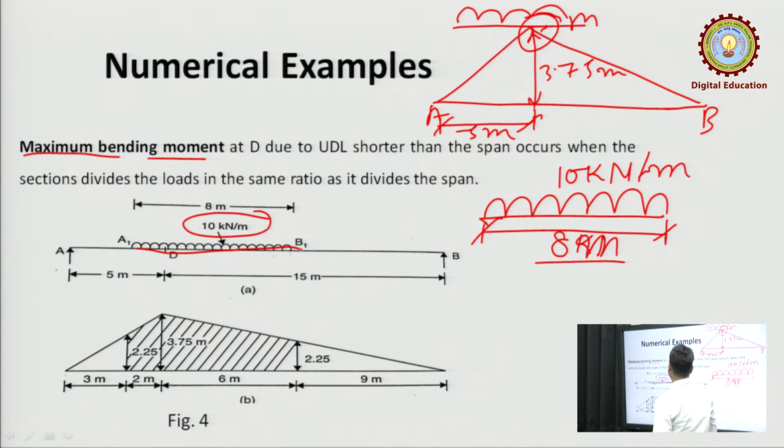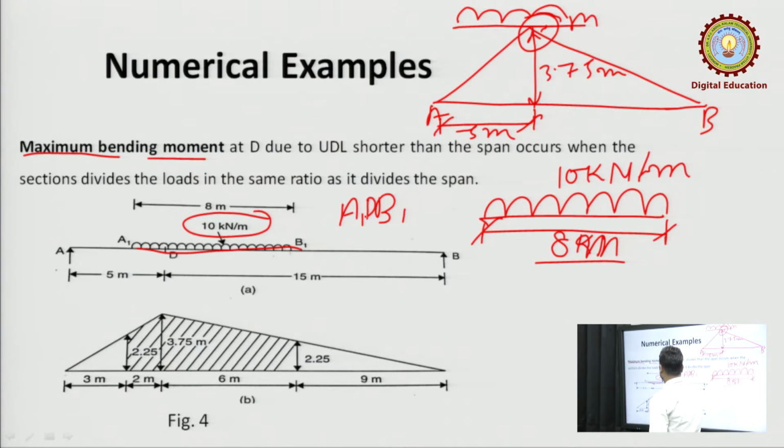The total span is A1, D, B1. Now how can you calculate that? You have to distribute this load.